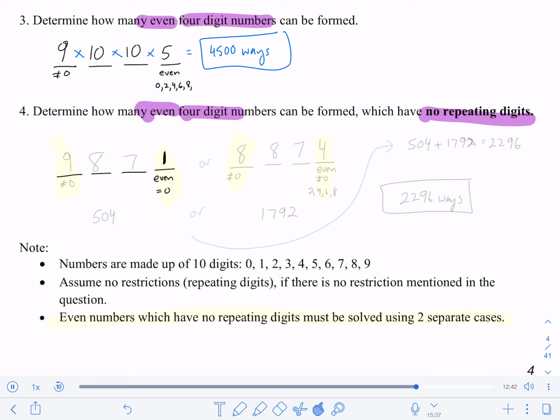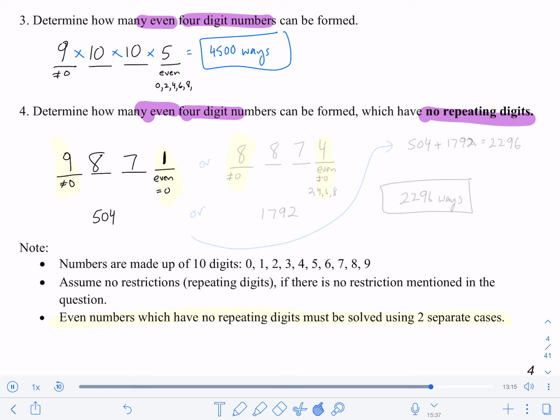Now when I move to the front, it can't be 0, but the 0's already been removed, and so really there's 9 choices here. I haven't repeated. I've got 0 in the last spot, and then one of the 9 remaining numbers in the front, and then I've used 2 of 10, so 8, and then 7. And so 9 times 8 times 7, and there's 504 ways to do that.